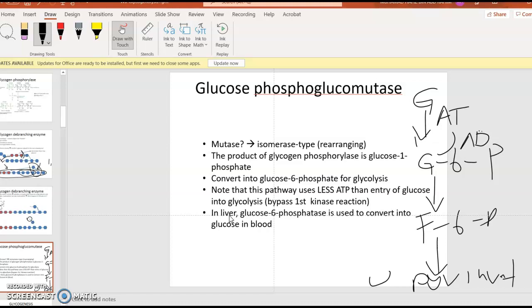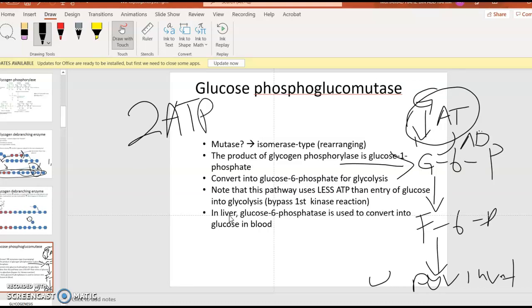So ATP is converted to ADP, but when you get the glucose from the glycogen, it can straightaway produce glucose 6-phosphate. That means it will bypass this first reaction. So instead of 2 ATP as investment, you just need to use 1 ATP as investment.